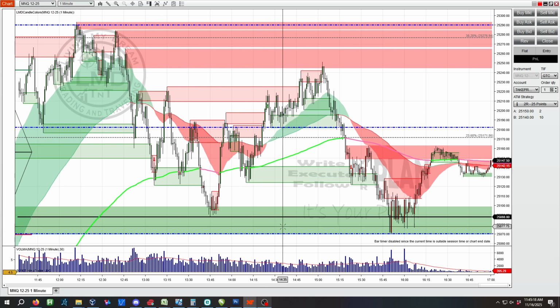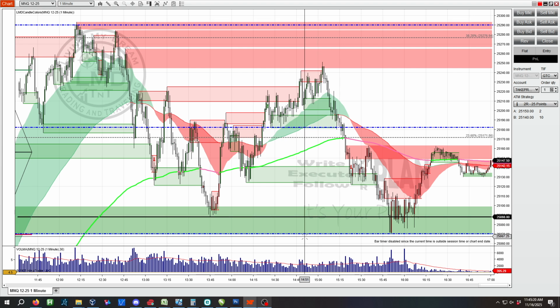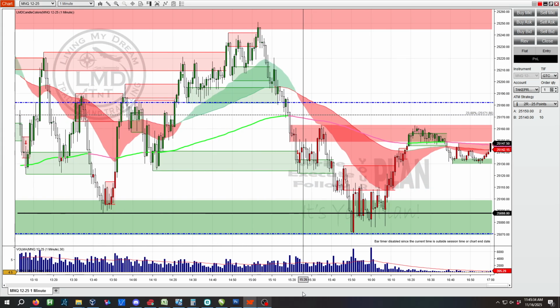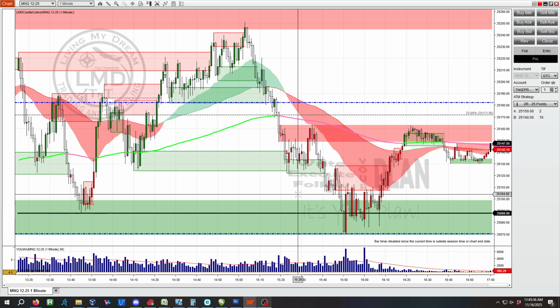But we're just going to go and take a look at my chart. You see supply, demand. You see this is a 200 EMA, and it just flips colors when price is above or below it. I also have my candles set to do the same thing.